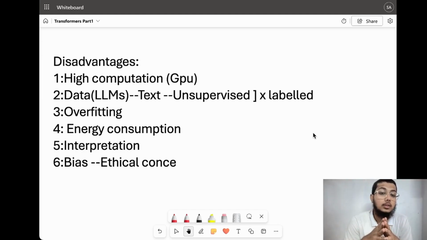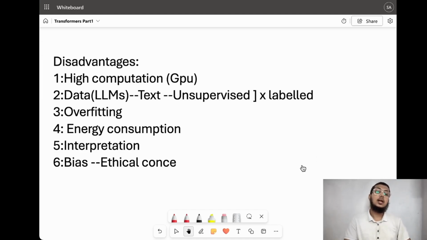The last problem is bias. Again, just like any other model, if there is a bias in your data, then problems start appearing in the results of the model. Also, there are ethical concerns, because till now we have seen that to train the transformer, the model has been trained by taking data from the entire internet.